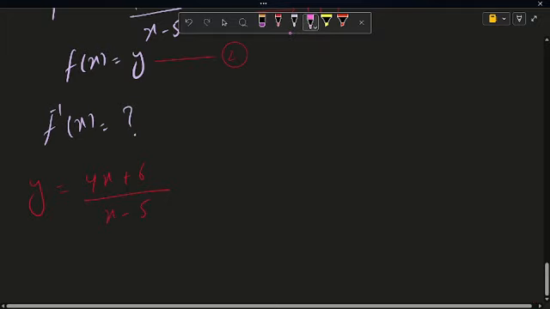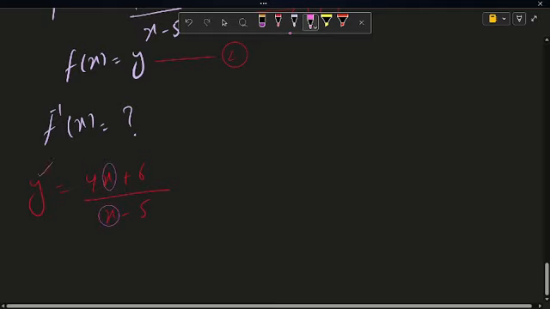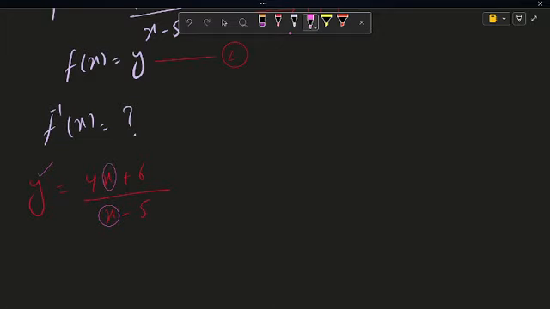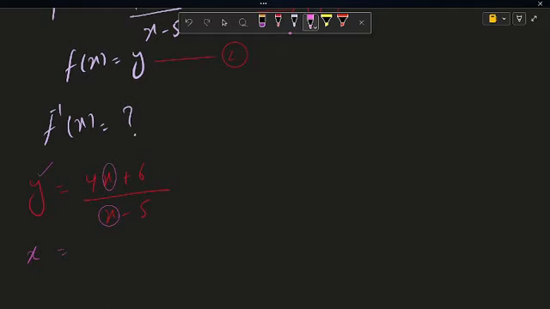Now I have to make x the subject of my equation. Here you have to do a comparison. If your final equation is just a normal function without inverse, here is y, and here is x, and here is x, in numerator and denominator. If I want to find the inverse, instead of y I have to write x, and instead of x I have to write y, because I'm talking about the inverse now.